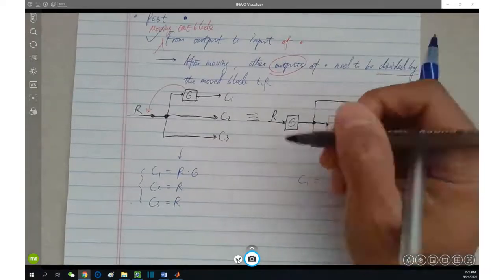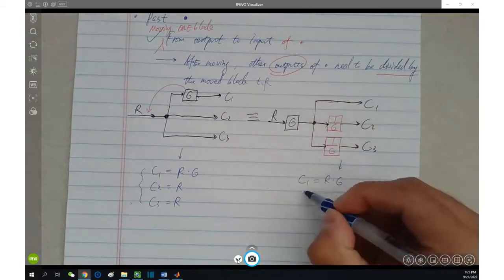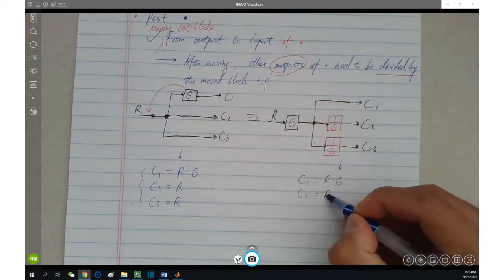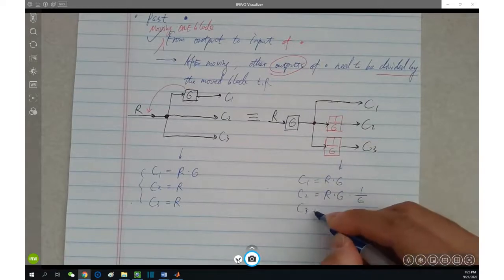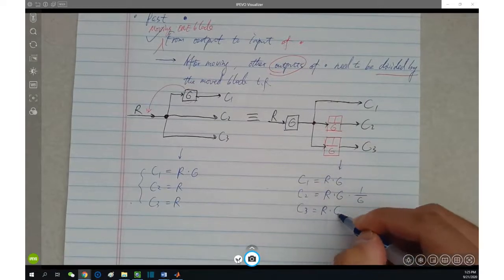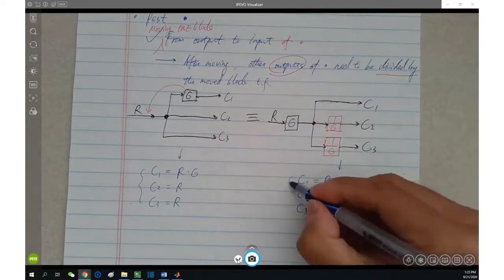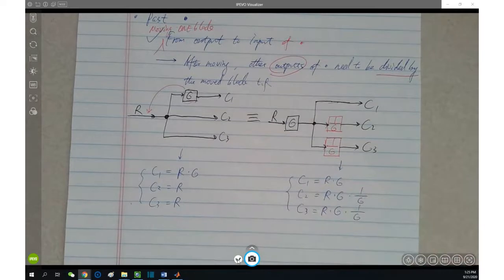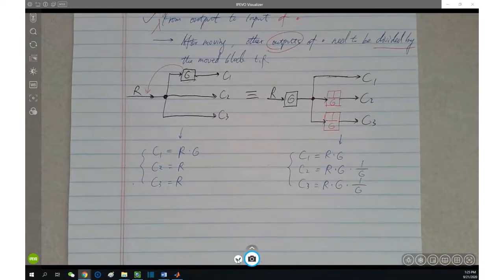Because remember, R is here, R times G. C2 equals what? R times G times 1 over G, right? So is C3. Equivalent. Right? Does it make sense?